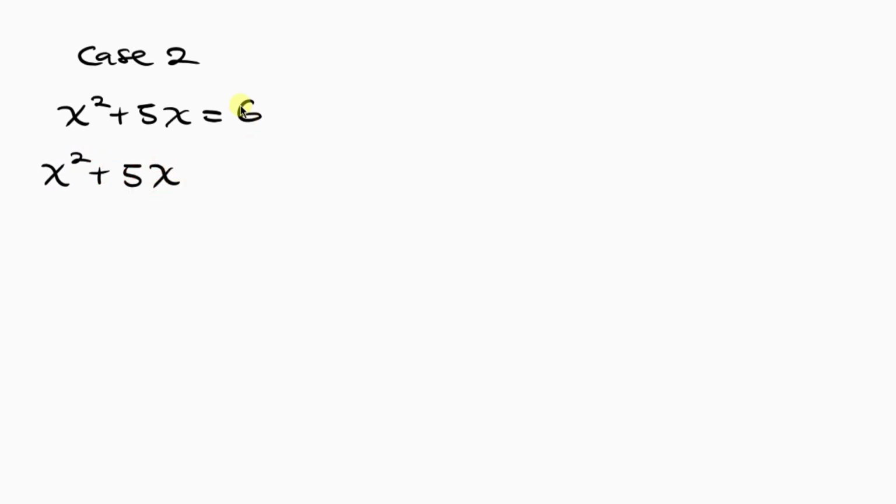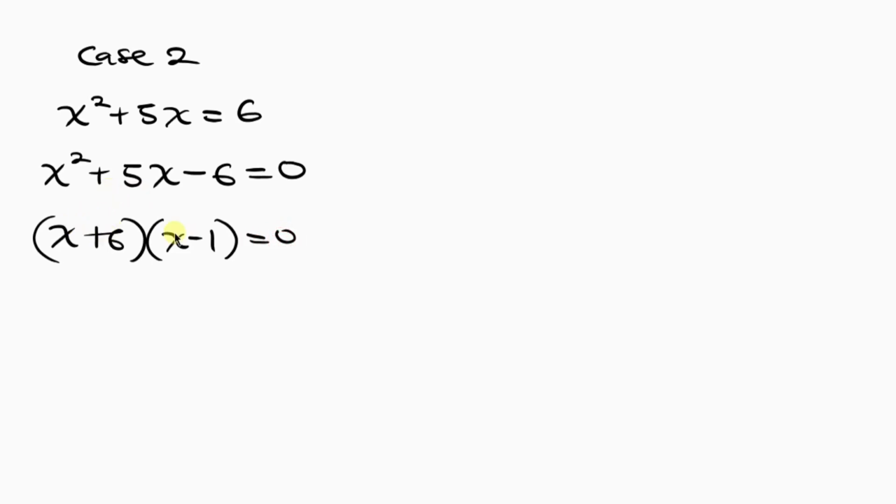As 6 crosses to the left hand side, it becomes minus 6 equal to 0. Well, this is factorizable because 6 and negative 1 are factors. So we're going to have x plus 6 and x minus 1 equal to 0.